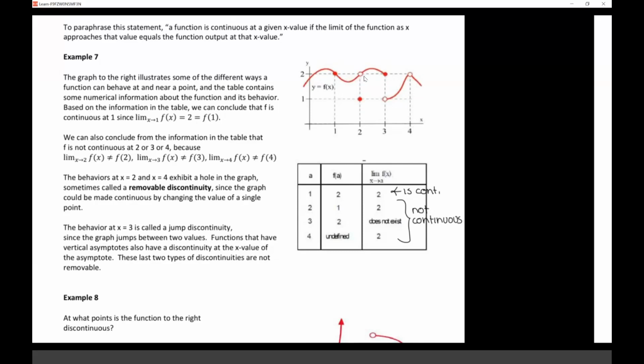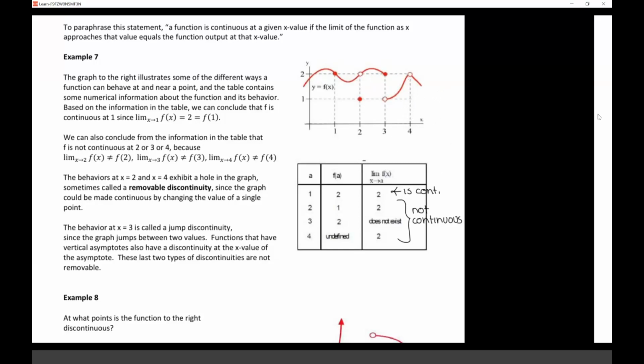That's a removable discontinuity. This jump here at x equals 3 is a non-removable discontinuity. I can't do anything with that. There's no way for me to stitch the two halves of the function together. That's called a jump discontinuity or a non-removable discontinuity. A vertical asymptote is also a non-removable discontinuity because the function's shooting off to infinity and you can't do anything about it. You can't just patch a hole.